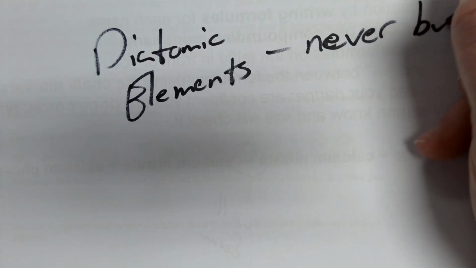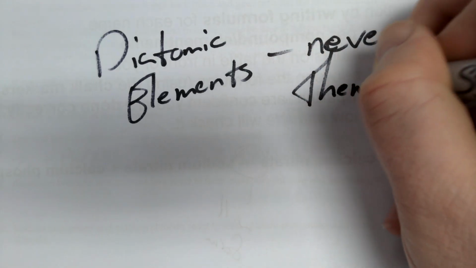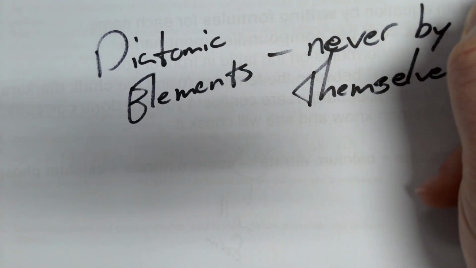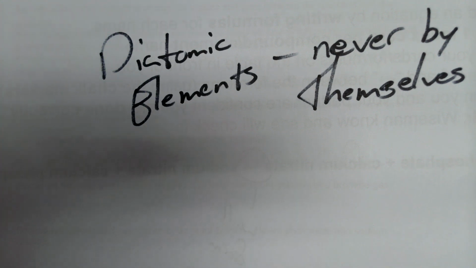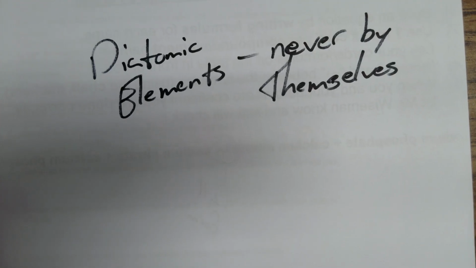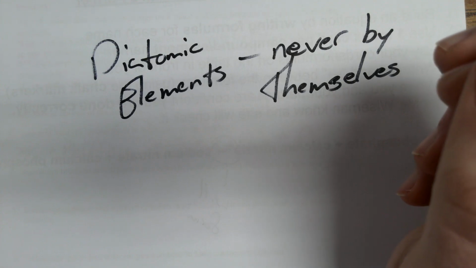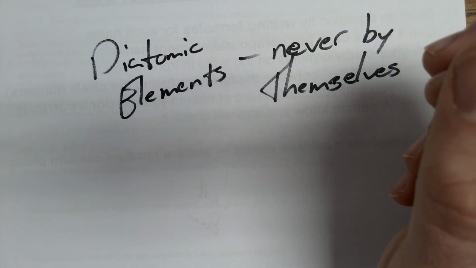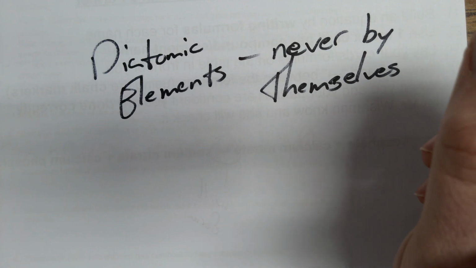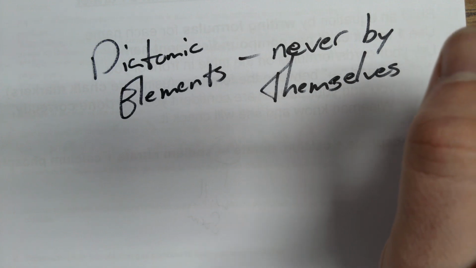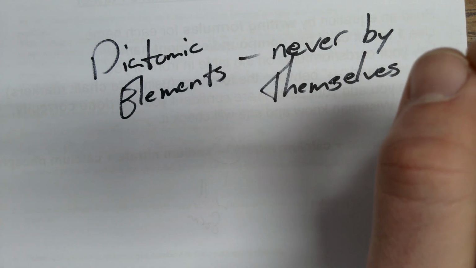Never by themselves. You might want to write this down if you don't remember. There are 7 of them. Anybody remember one of them? All the way back from Unit 1? Unit 2 at this point. I'll give you a hint. They're orange on a periodic table.